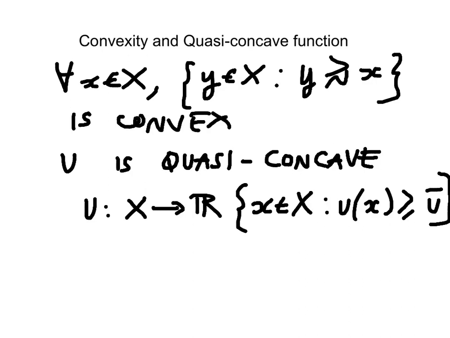That's the definition of a quasi-concave utility function. Now, by the way, the definition of a quasi-convex function is the exact same thing, except I'm looking at the lower contour set and not the upper contour set.